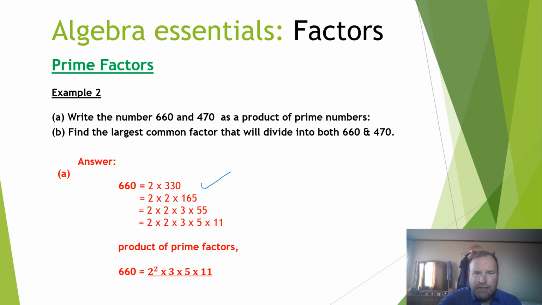And then half of that, because 2 is a prime number, 2 times 165, good. And then the next prime number that can go into there is 3. So that's 3 times 55. And then if you look at 55, the next prime numbers are 5 and 11, multiplied together they give you 55. When we simplify that in terms of numbers, we've got 2 squared times 3 times 5 times 11 as the product of its prime factors. Let's go to the second part.